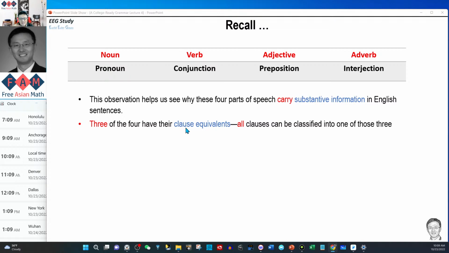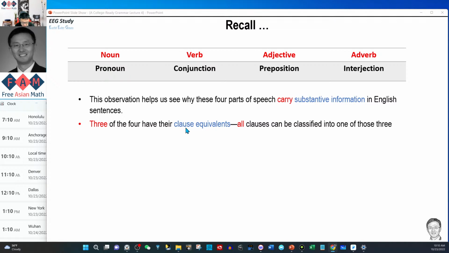You have already studied those more advanced sentences than simple sentences. Then you know we have clauses, dependent clauses. But how do we classify those clauses? Well, one way to classify those clauses is based on their logical function. What parts of speech are those clauses equivalent to?